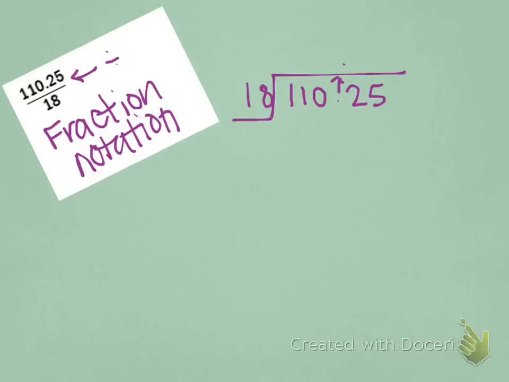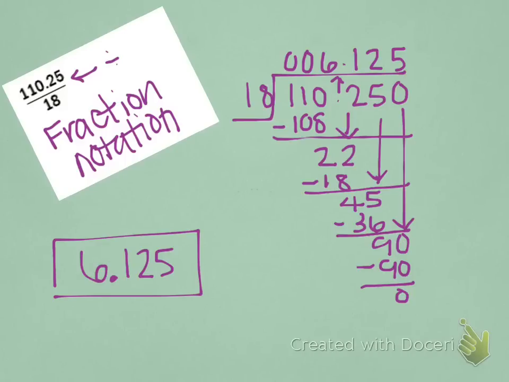So go ahead and press pause for me, and I want you to divide this out. And let's see if you come up with the answer. Press play when you are finished. Alright, so you should have gotten 6 and 125 thousandths. So check your answer. If you didn't get that, press pause and look at all my work here and find your mistakes. See what happened. We brought our decimals straight up and we ran out. So when we did 45 right here, 45 minus 36, we had 9 left over.